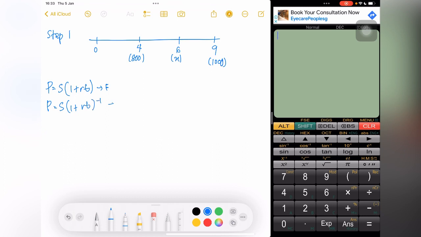Ini untuk cari present. Okay, sebelum saya terlupa, kita kena pull out the month to the focal date. Okay, so focal date kita adalah 6 tau. So kita tarikkan 4 ke 6 dan 9 ke 6.